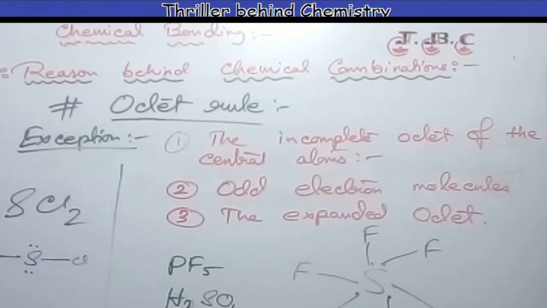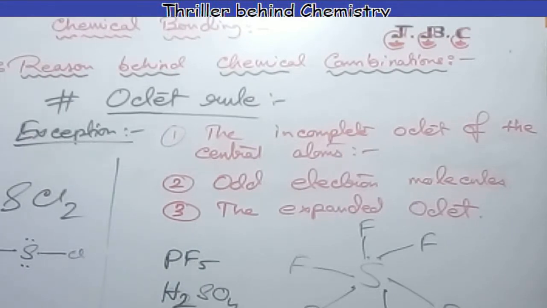So here naturally chlorine attains the electronic configuration by forming a single bond, and sulfur obeys the octet rule, that is sulfur has 8 valence electrons. Clear?